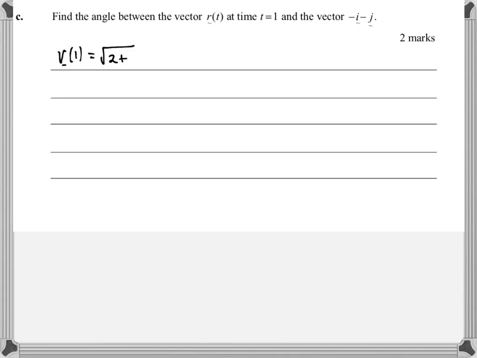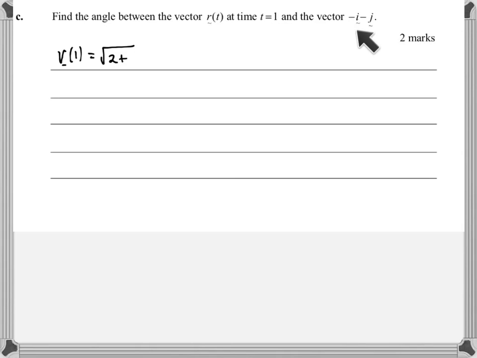Find the angle between the vector r of t at t equals 1 and the vector negative i minus j. So, angles between two vectors. We've got one vector, r of t, and we can simply work that out when t is equal to 1.